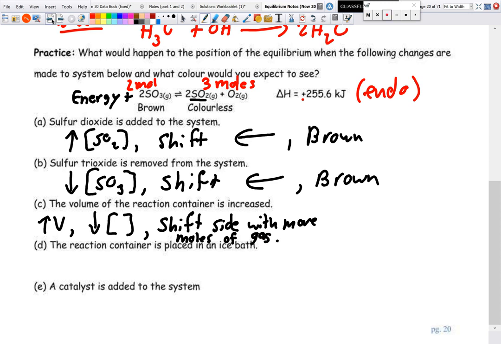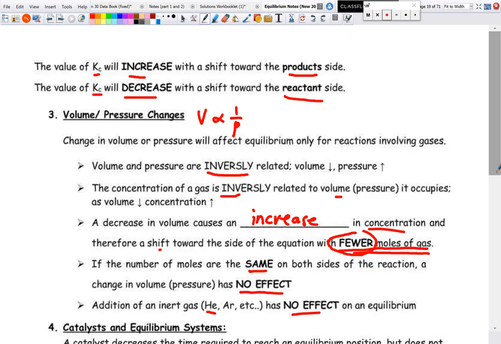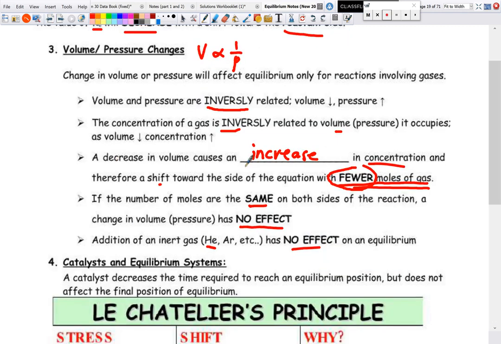The reason we know is on this one right here, it said a decrease in volume causes an increase in concentration, so it's going to shift to the side with fewer moles. Well, if we do the opposite, if we increase the volume, decrease the concentration, it's going to shift to the side with more.